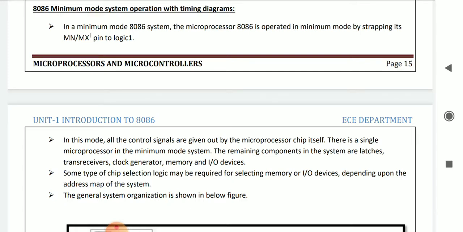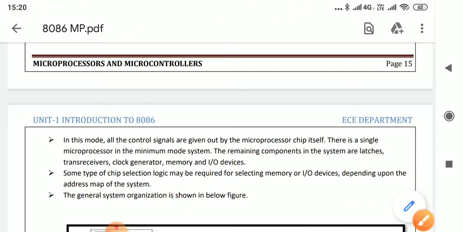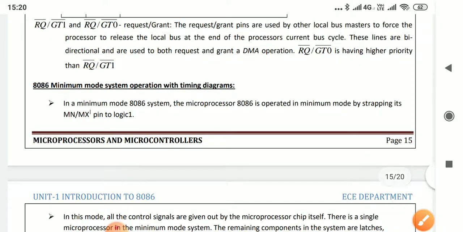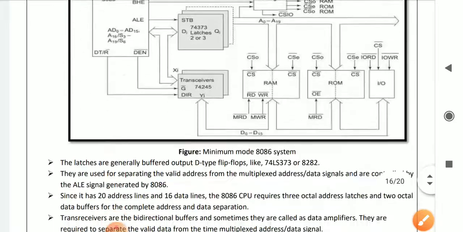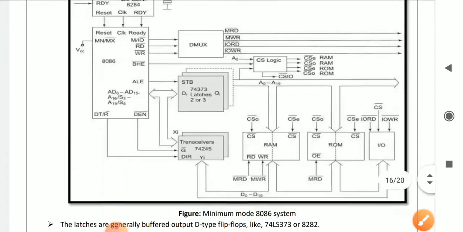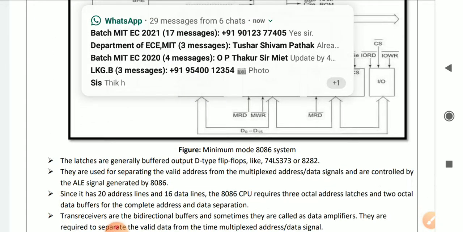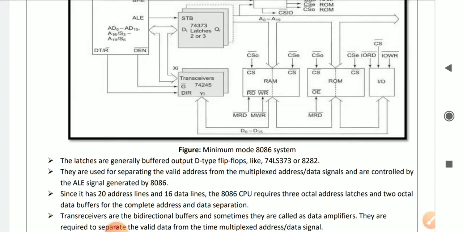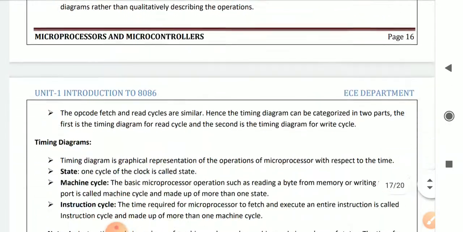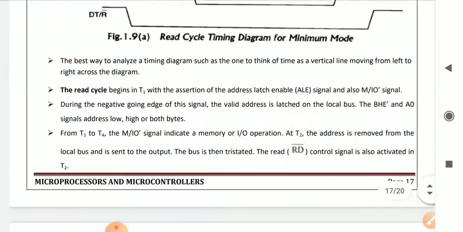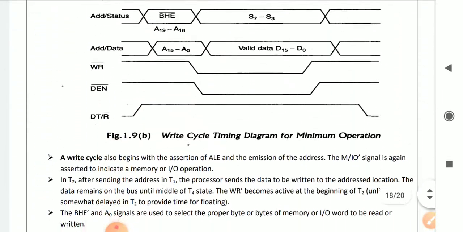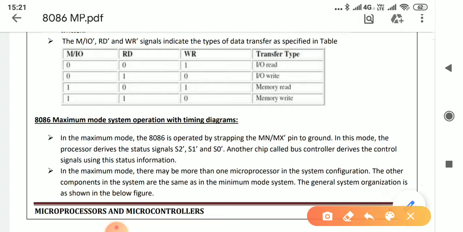So you need to answer these questions from here. You may skip the timing diagram and this diagram also, but you need to write some points. And this is for maximum mode.